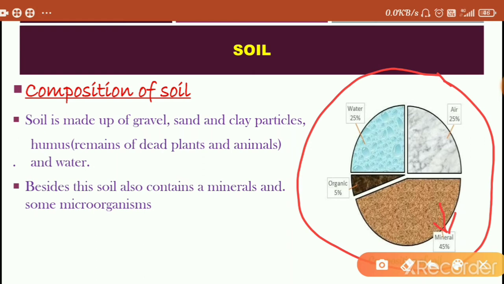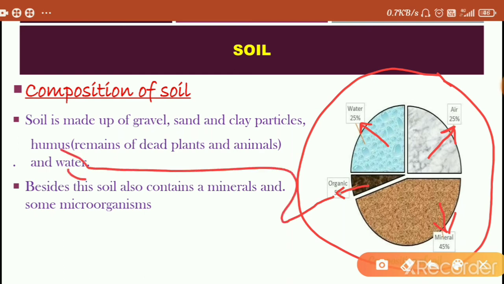Next to the mineral, you can see the soil consists of 25% water. Along with it, it consists of 25% air. Then 5% is organic matter, and this organic matter is nothing but humus.